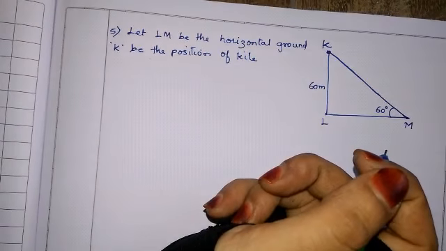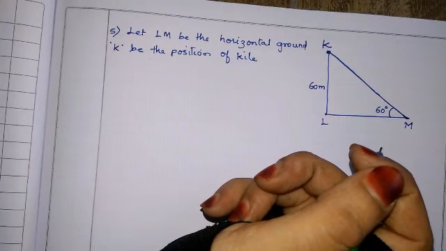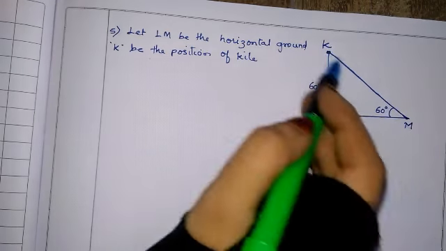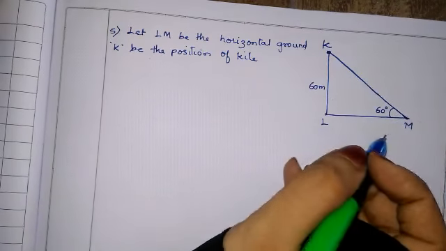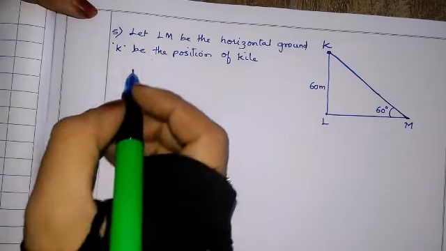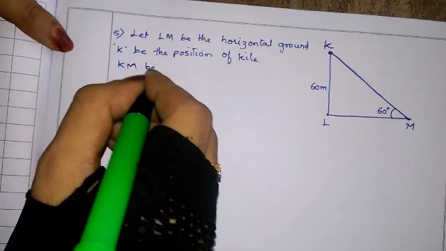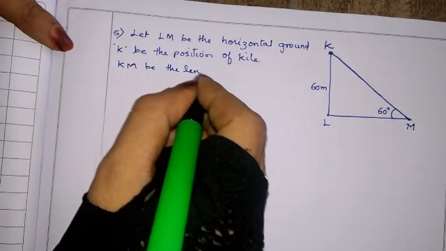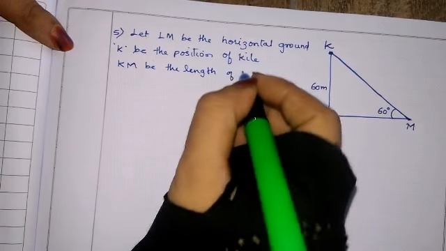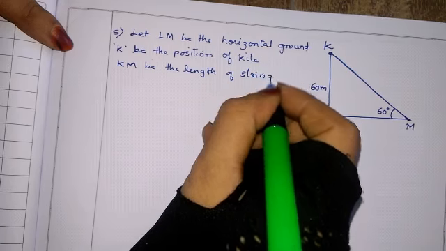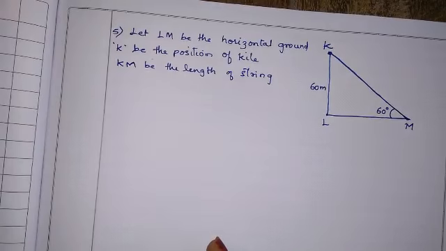Now what we need to find? We need to find the length of the string, that is KM. Let KM be the length of the string. They have told us to find the length of the string only.